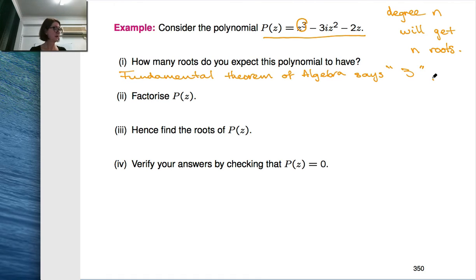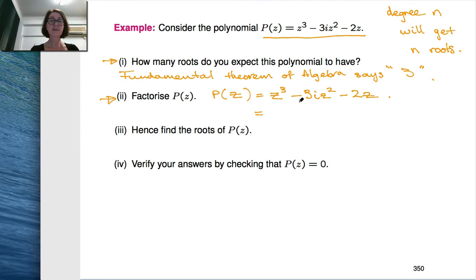Okay. Now the next thing we need to do is to find those roots. So we're going to factorise p of z. So let's think about p of z. I'll take that off so we can see it. P of z is z cubed minus 3i z squared minus 2z.